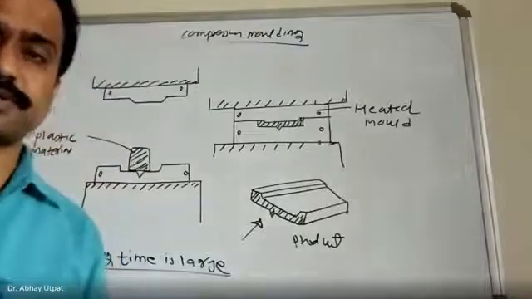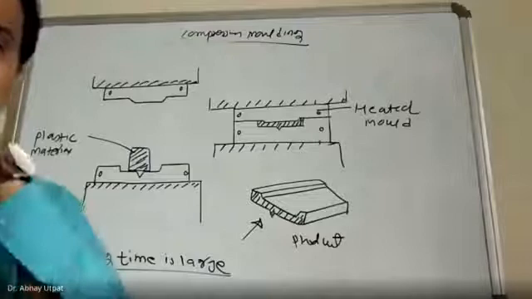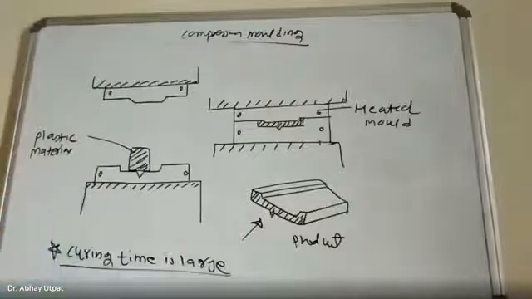The advantages of compression molding are taken, and apart from that, its disadvantages are overcome. So the next topic of today's class is transfer molding. This process works on the principle of compression molding, and it is also used for thermosetting plastic.